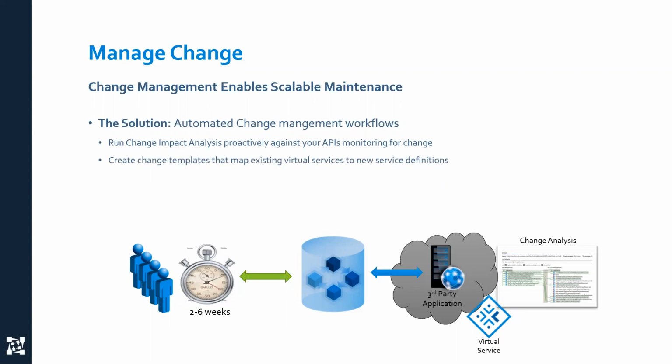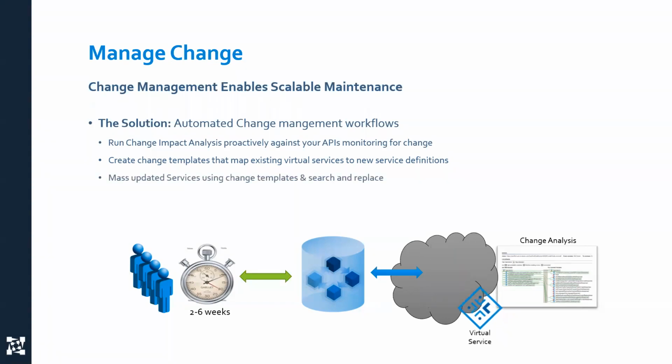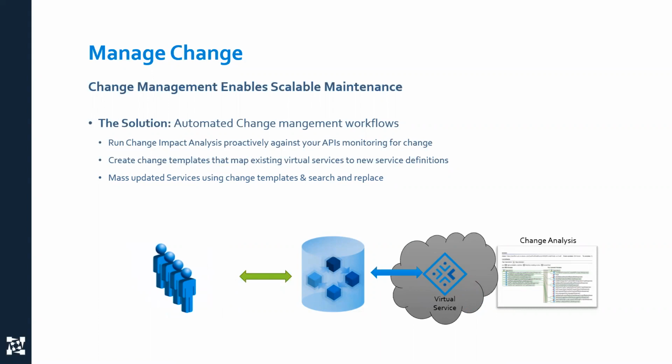One, create a template that allows you to update any virtual services that you have to the new definition, and then leverage those virtual services as prototypes of the new definition in your test environments. And this is exactly what this organization had done. Every time that new change was announced, they just created a virtual service.